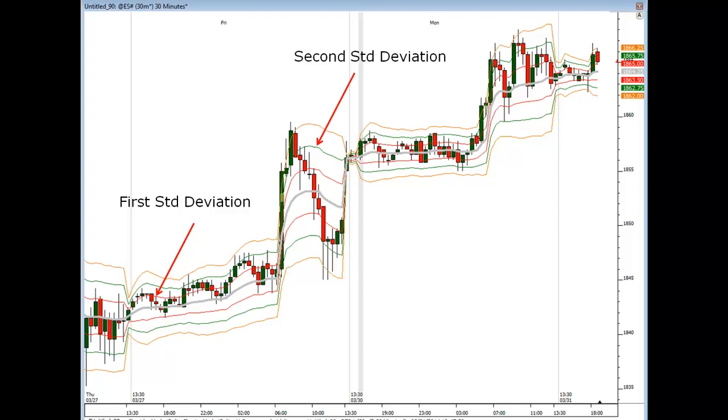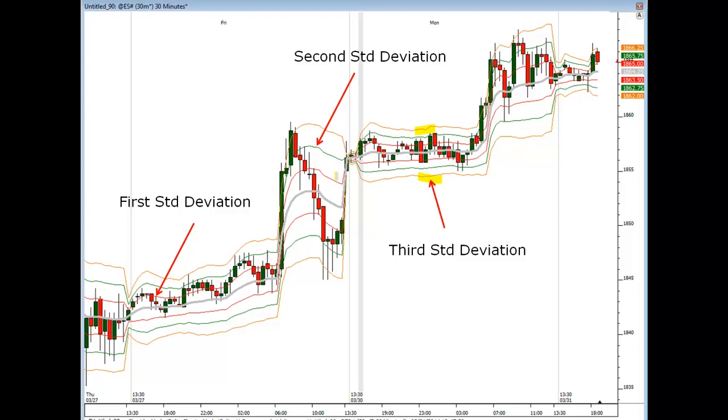Now the second line is the same thing, except this is the second standard deviation above and the second standard deviation below. And naturally, by now you've probably guessed that the third line is nothing more than the third standard deviation from the VWAP.